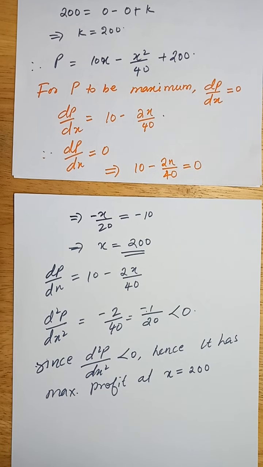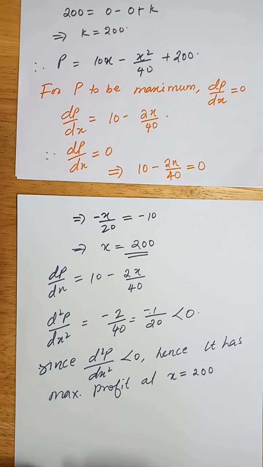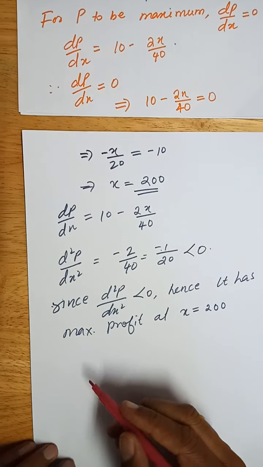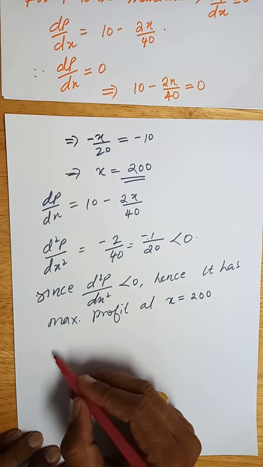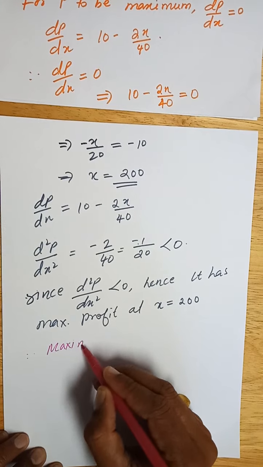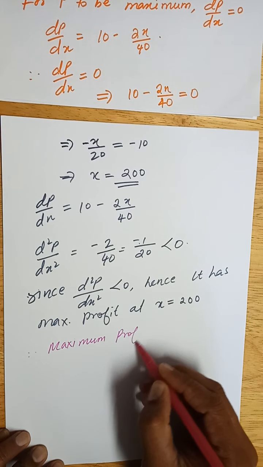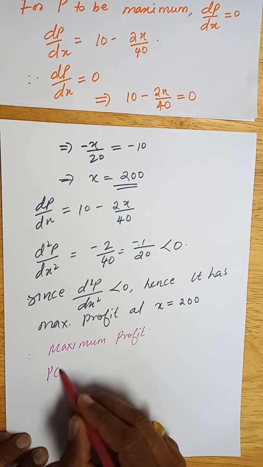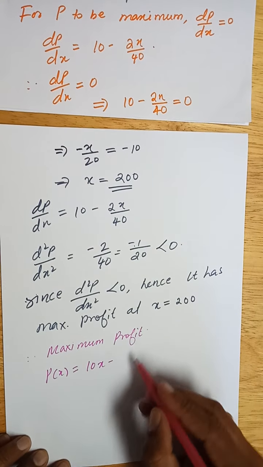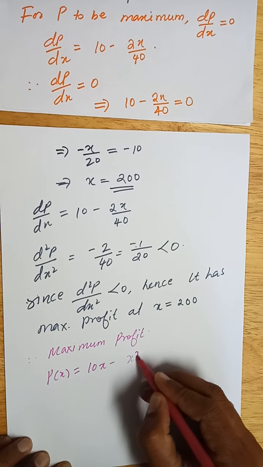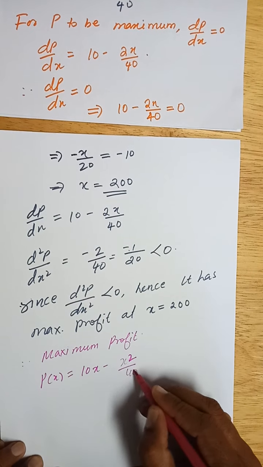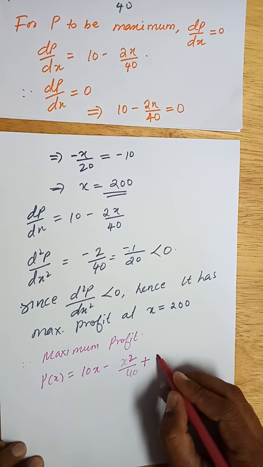Therefore, to find the maximum profit, what you need to do is you substitute the value of x equal to 200 in the original function. So the maximum profit is p of x, given by 10x minus x square by 40 plus 200.